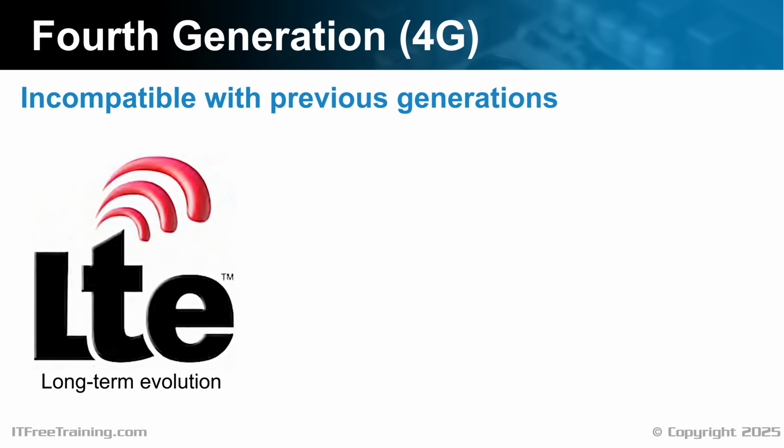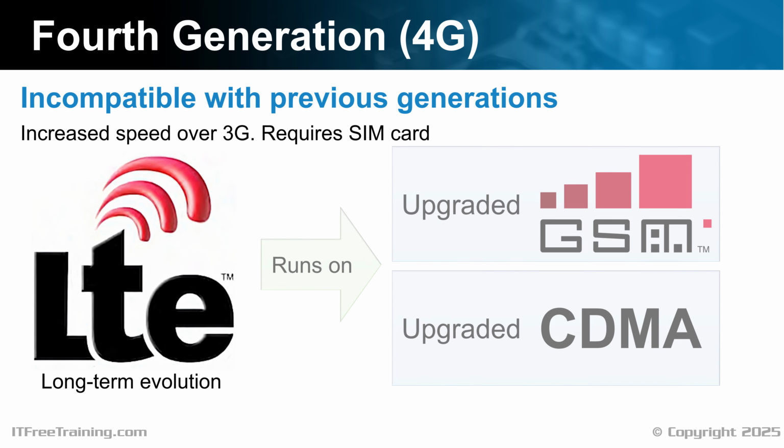4th generation is incompatible with previous generations. Thus, your mobile device will not be able to connect to both networks at the same time if both networks happen to be available. 4G offers increased speed over 3G and requires a SIM card in order to connect to it. To understand why it requires a SIM card, LTE runs on an upgraded version of the GSM or CDMA network.